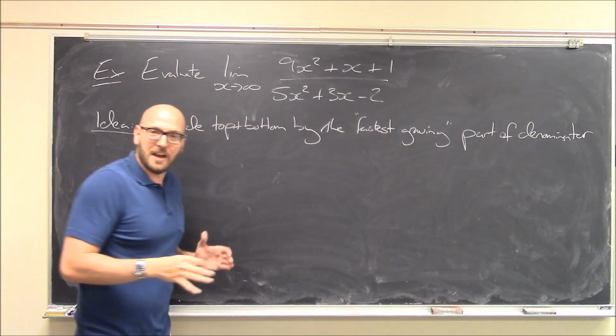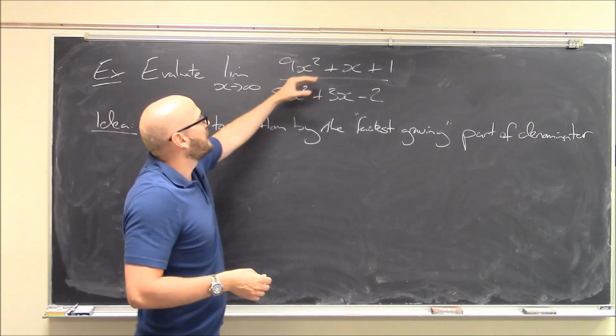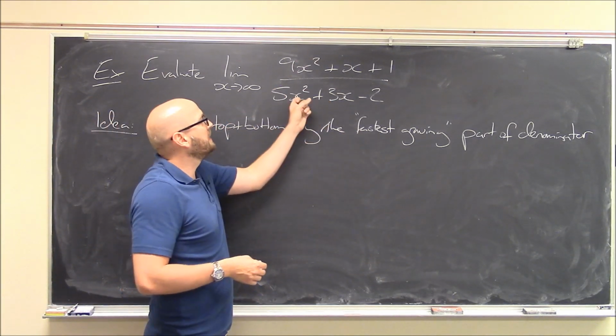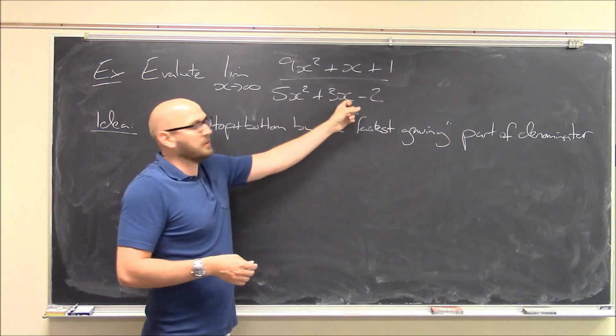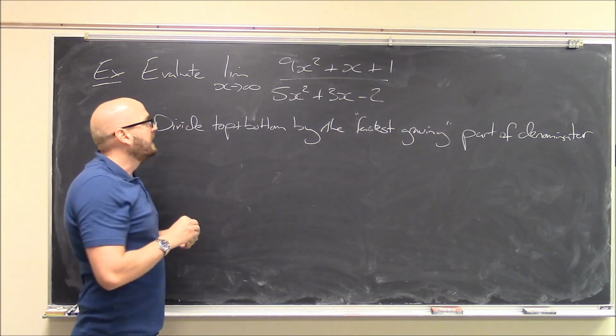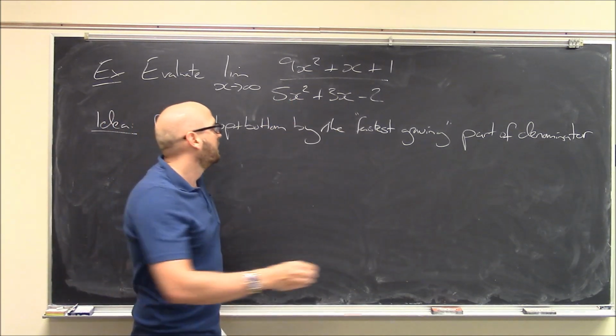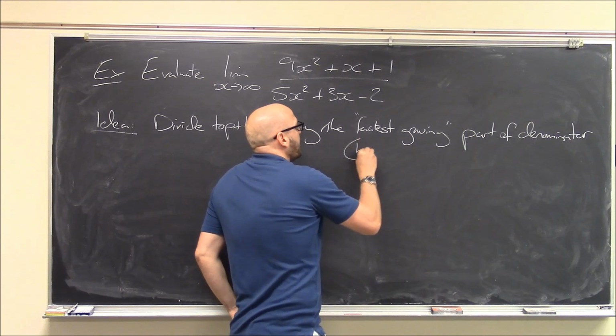I'm giving you a very general approach here that works for all types of different functions, but for rational expressions like this, clearly x squared grows faster than x, right? One's a parabolic function, one's just linear. As x gets bigger, x squared gets bigger much faster than x does. So for us, this is just the highest power of x.